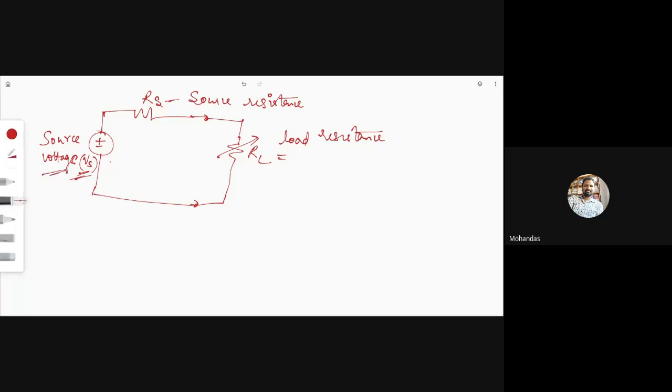Now, whenever we want to design any electrical circuit, there should be maximum power passing from source to load.